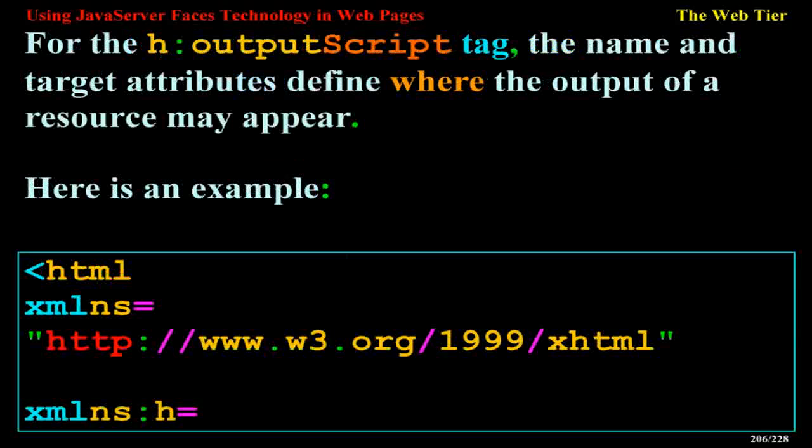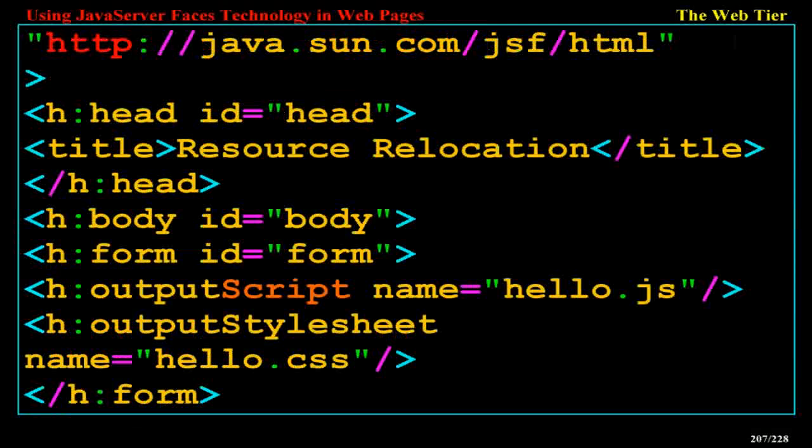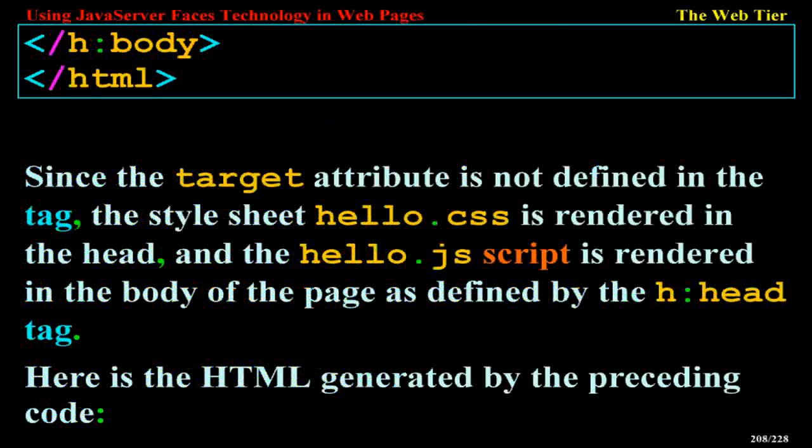Here is an example: html xmlns="http://www.w3.org/1999/xhtml" xmlns:h="http://java.sun.com/jsf/html", h:head id="head", title Resource Relocation /title, /h:head, h:body id="body", h:form id="form", h:outputScript name="hello.js", h:outputStylesheet name="hello.css", /h:form, /h:body, /html.